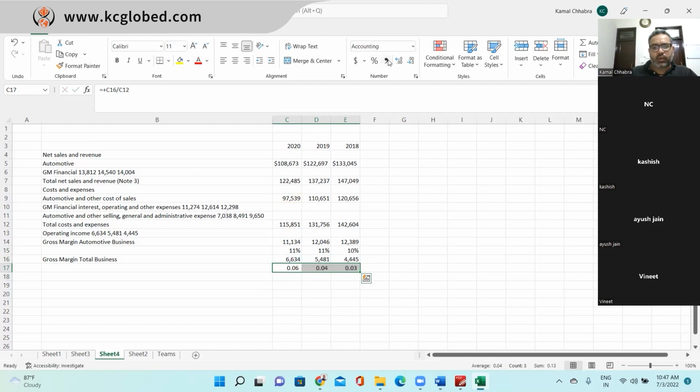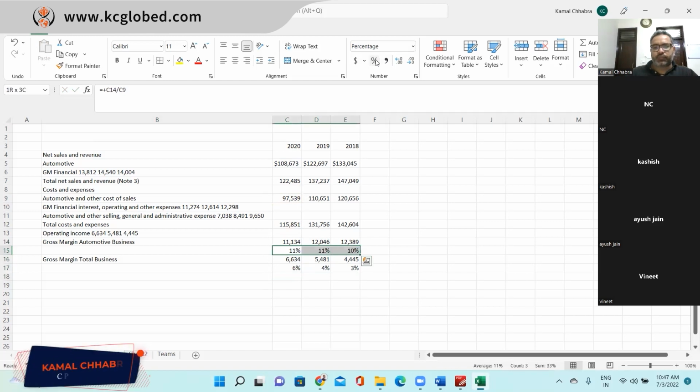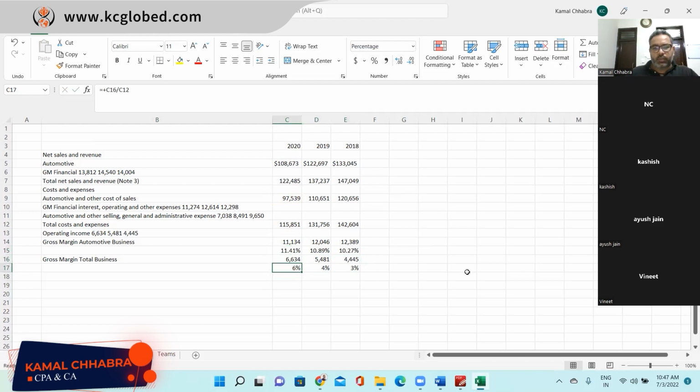So you will see period over period gross margin is increasing from 10 to 11%, right? Are you guys with me? If you see the overall gross margin period over period is increasing, so it's showing a positive trend.